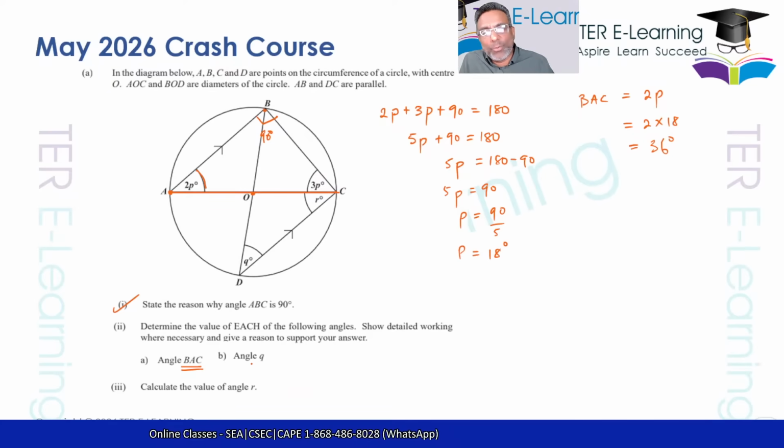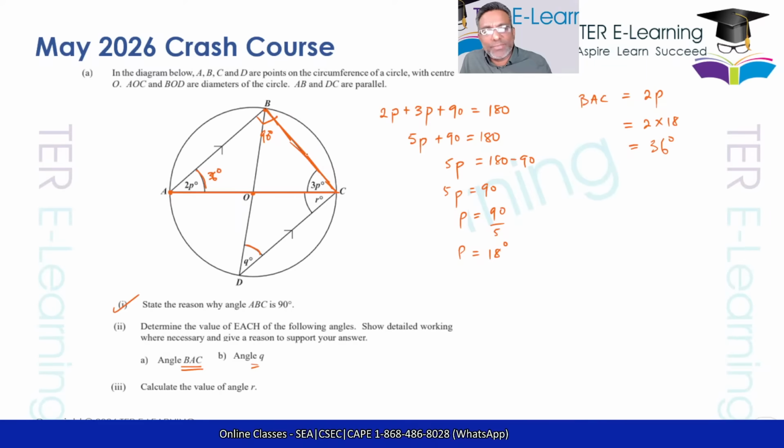The next angle they want me to work out is angle Q. Angle Q is this angle here. The first thing you need to recognize is that this line here is a chord. Remember this angle here is 36 degrees.